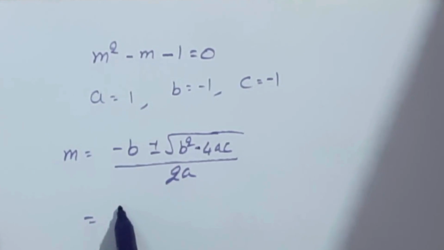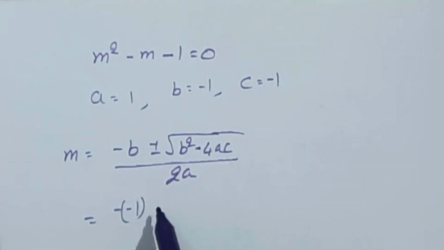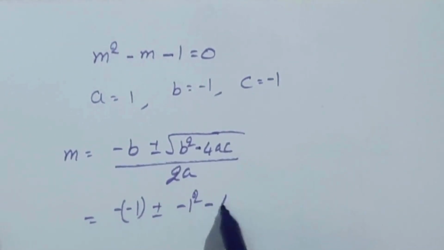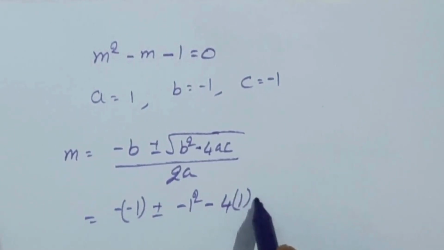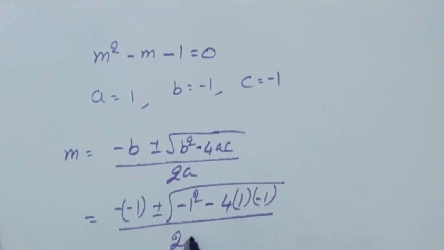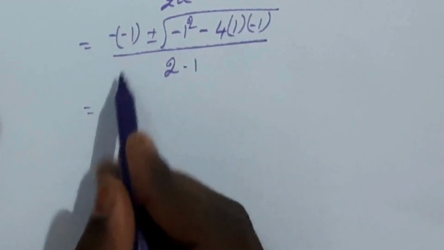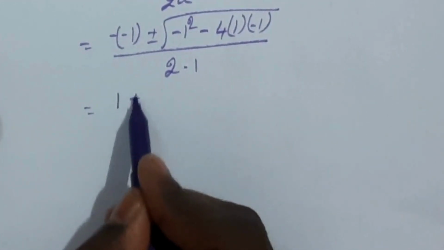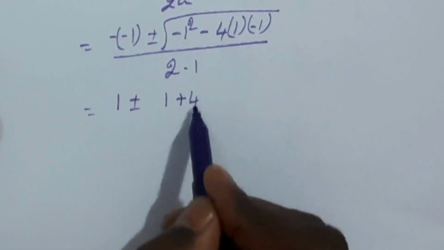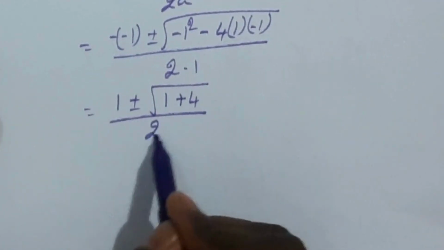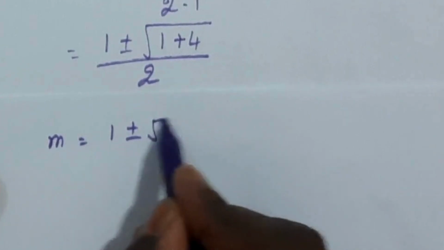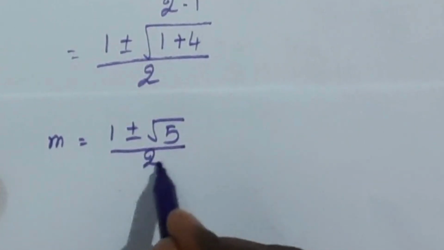Now b is minus 1, so minus of minus 1, plus or minus square root of minus 1 square minus 4 into 1, c is minus 1, by 2 times 1. Now minus into minus is 1, so 1 plus or minus square root of 1 plus 4, by 2. m equal to 1 plus or minus square root of 5 by 2.